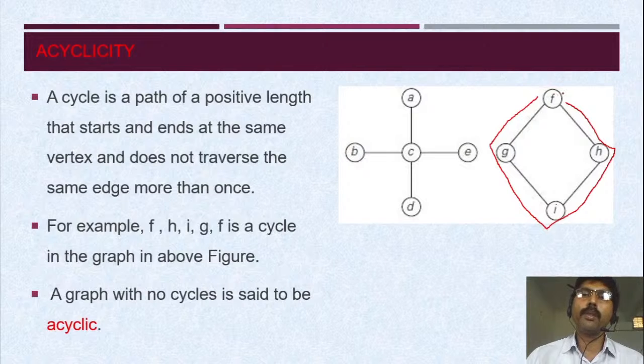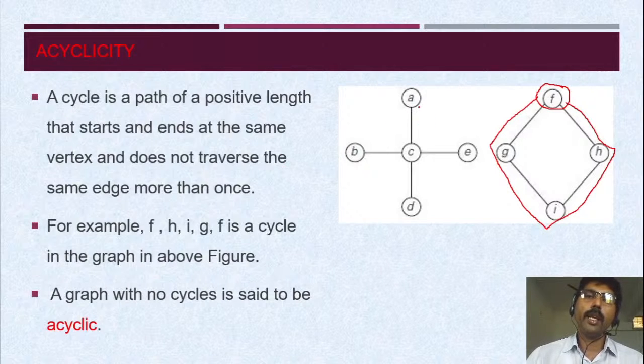What is the meaning of cycle here? F will be visited more than once, starting at the same point and ending at the same point, so it will create a cycle. Such a path is called a cyclic path.